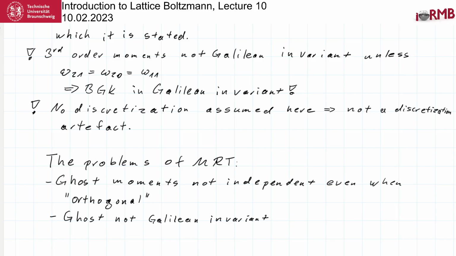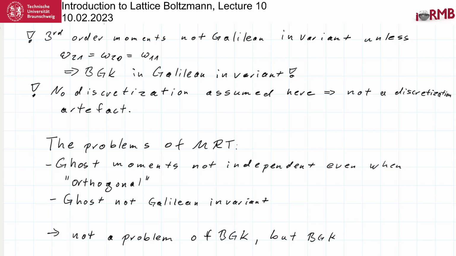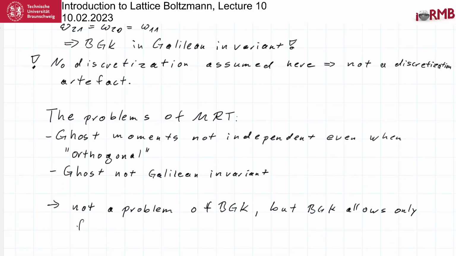So these are the problems that we want to solve. This is not a problem of BGK, but BGK of course has other problems because it allows us to have only one relaxation rate. Everything relaxes with the same time scale, which is also not very physically accurate.